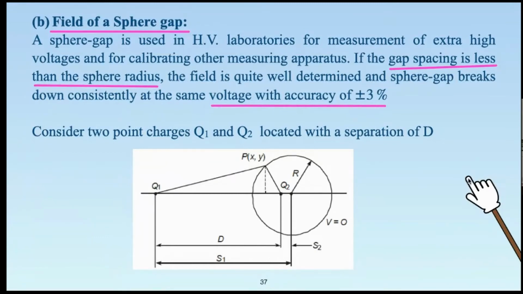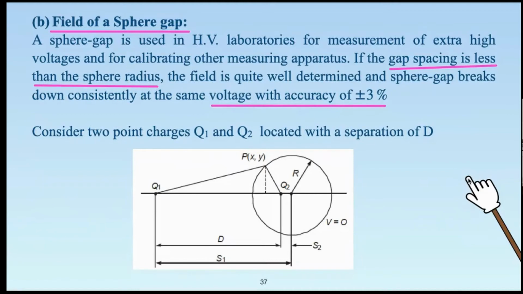In this expression for the field of a sphere gap, we are going to derive the conditions that give us equations, the correlation between the sphere locations, the radius, and the point of zero potential at the sphere surface, the one which is connected to the ground.